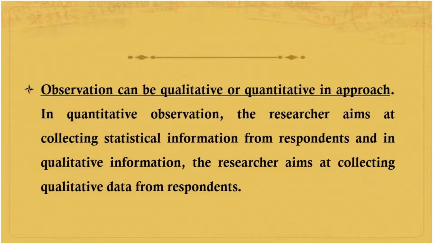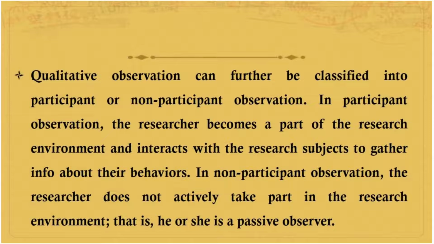Observation can be qualitative or quantitative in approach. In quantitative observation, the researcher aims at collecting statistical information from respondents, and in qualitative observation, the researcher aims at collecting qualitative data from respondents. Qualitative observation can further be classified into participant or non-participant observation.